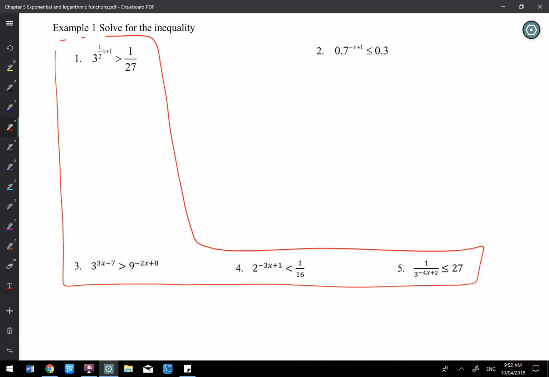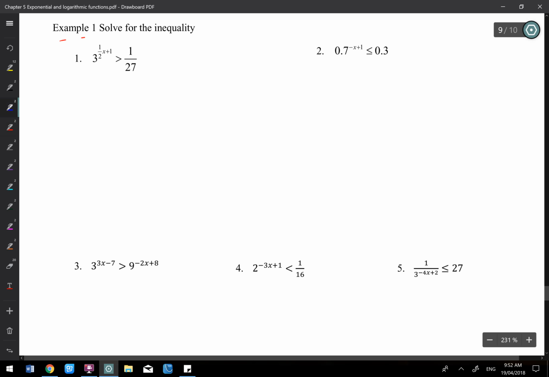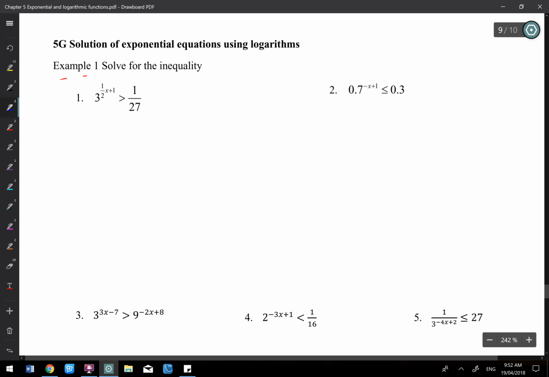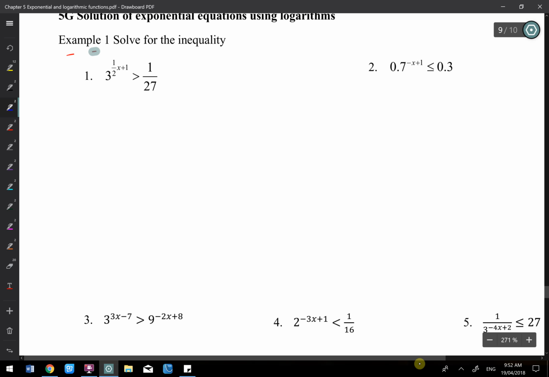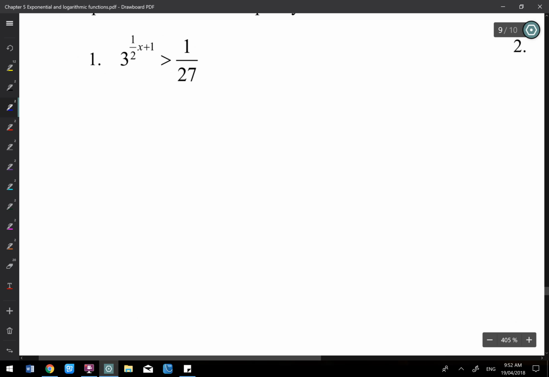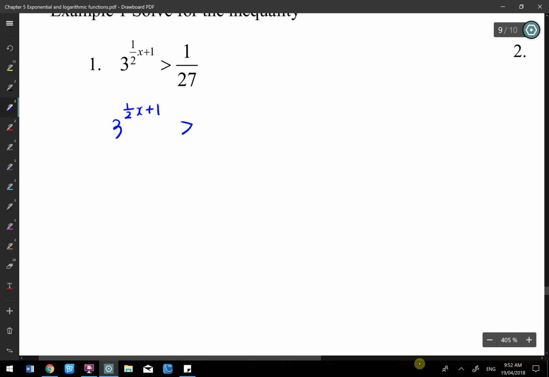Some of them are 1 over 3, but remember, for inequalities, I don't want a base less than 1. I only want a base greater than 1. So for those 4 questions, what I can do is, that's 3 to the power of a half x plus 1, greater than 3 to the power of negative 3.